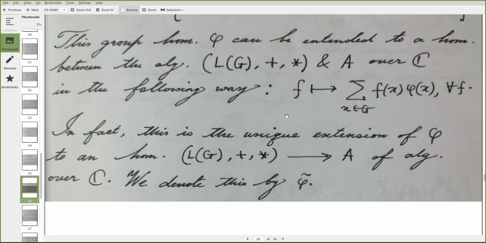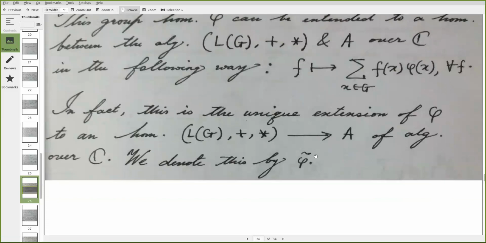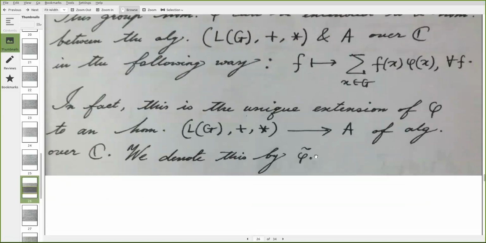So in that sense this is an extension, and since G is a basis of LG, the extension is unique. Thus, there is a unique extension of phi to a homomorphism of algebras over C, and this extension we denote by phi tilde.